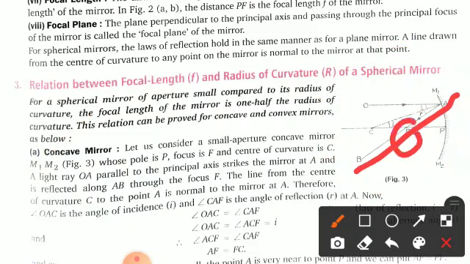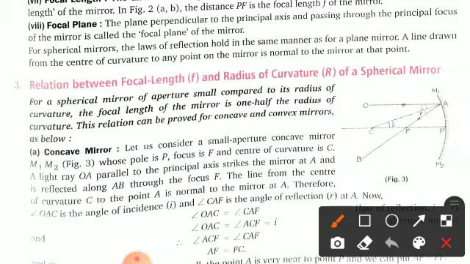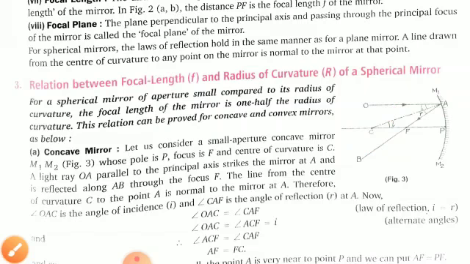The line from the center of curvature C to the point A is normal to the mirror at A. So this line is normal at A, therefore angle OAC is the angle of incidence. I hope you know what the incidence angle is. The angle formed by the incident ray is known as the incidence angle, and the angle formed by the reflected ray is known as the reflection angle.